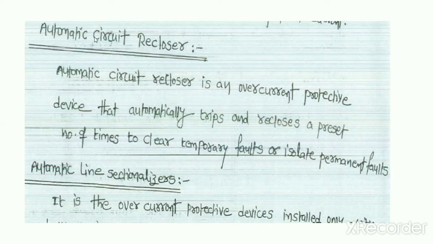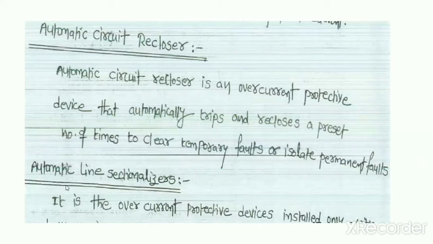Temporary faults are the commonly obtained faults, and some faults are rectified with respect to time. In that case the recloser does not operate, because we are setting a preset value. For that reason the recloser does not operate.